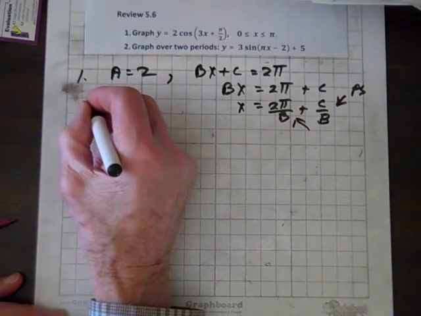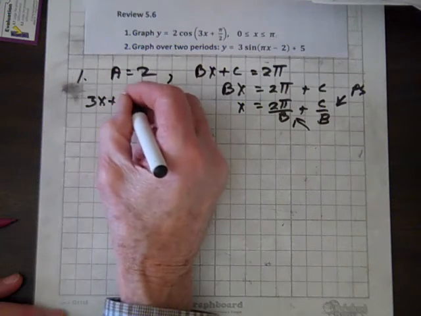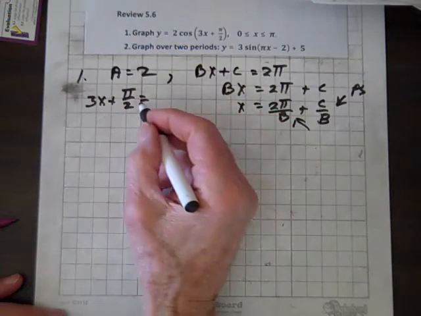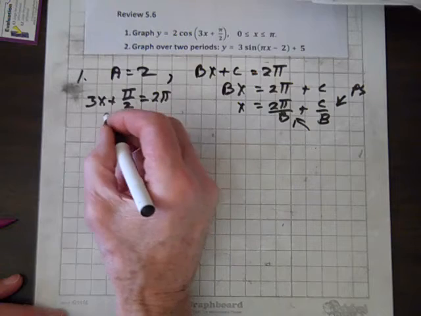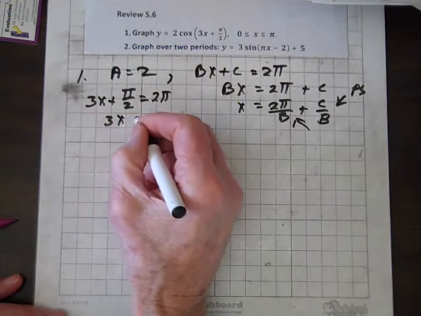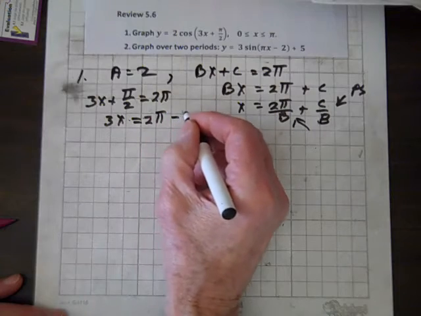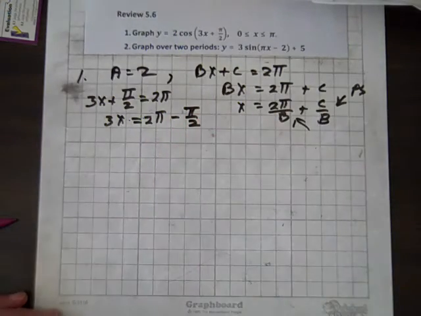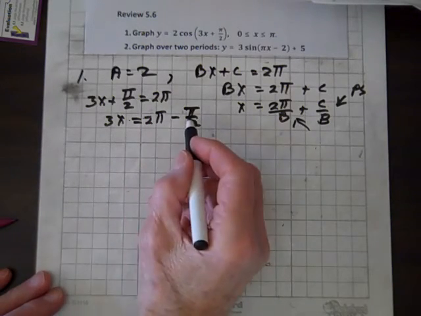We've been given that 3x plus pi over 2, that's our bx plus c, equals 2 pi. Now we'll isolate 3x and we get 3x equals 2 pi minus pi over 2. Now we don't combine these, we don't simplify that. We have two separate terms.